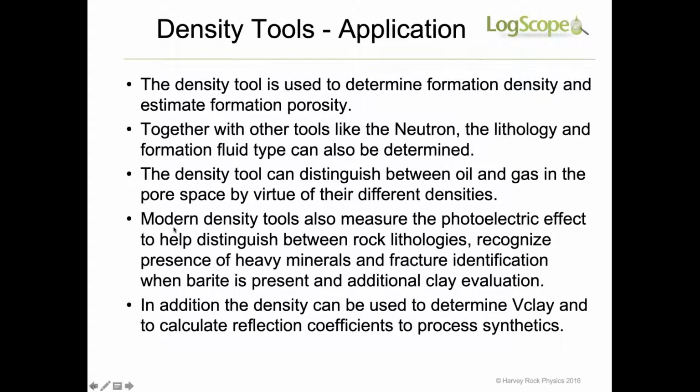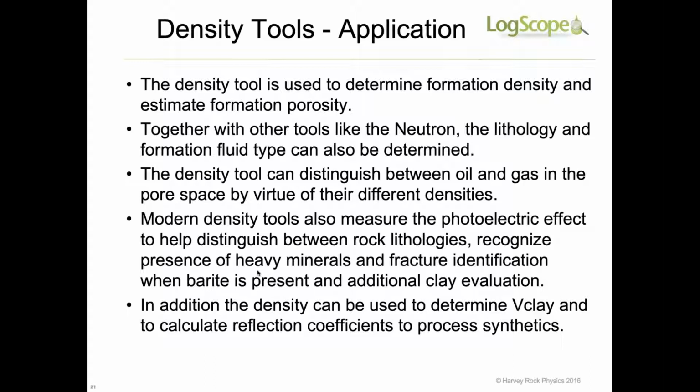Modern density tools also have a measurement called the photoelectric effect, which can help distinguish between rock lithologies and recognize heavy minerals and fracture identification. However, if you use barite mud, this tool is affected to the point that it becomes useless.